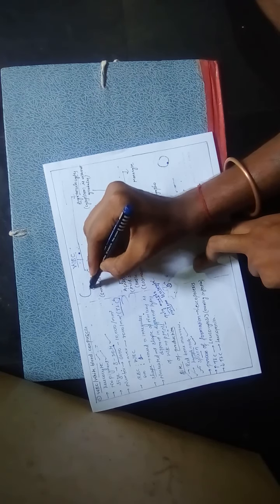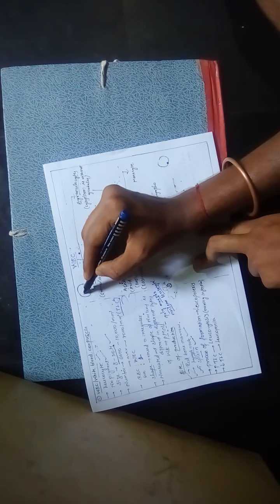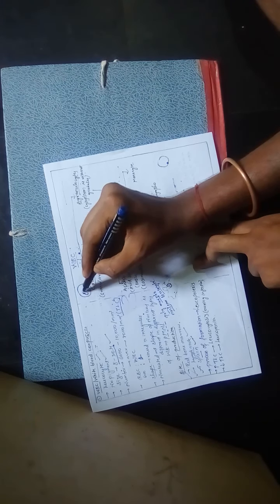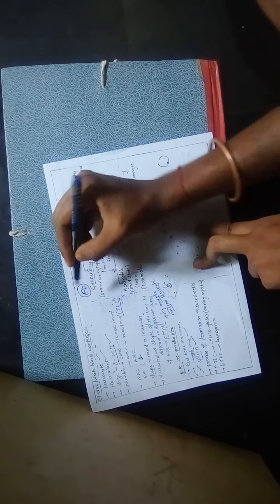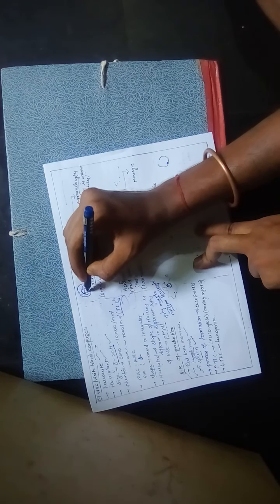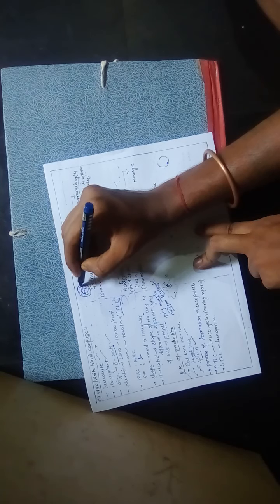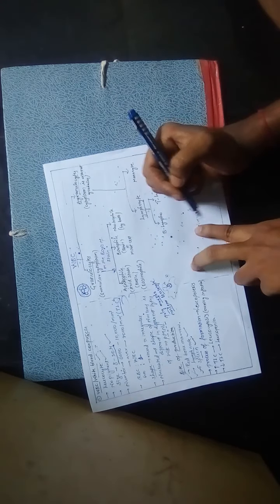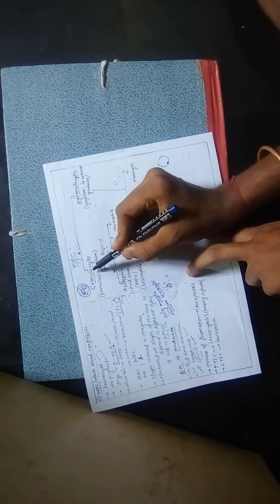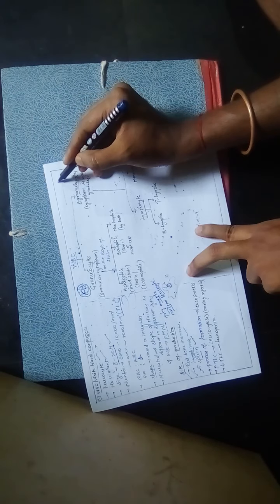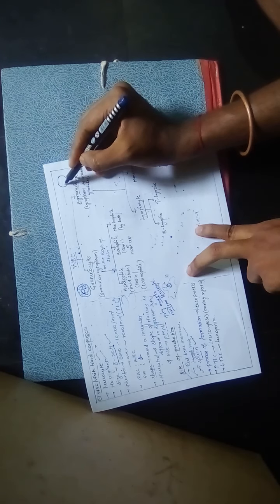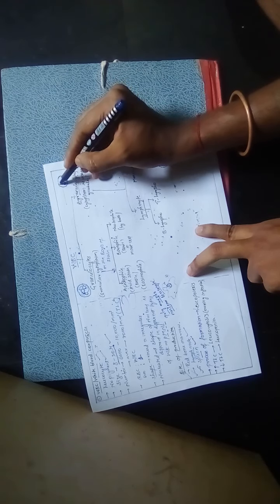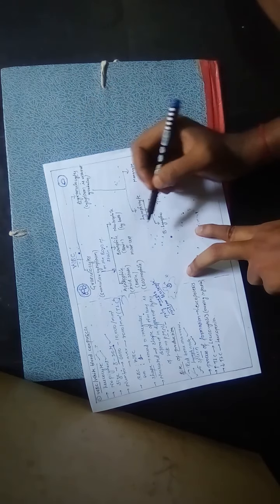If I take one of the WBC, it will be like this, and inside there are some granules present. If granules are present, it is called a granulocyte. If granules are absent, it is called an agranulocyte.